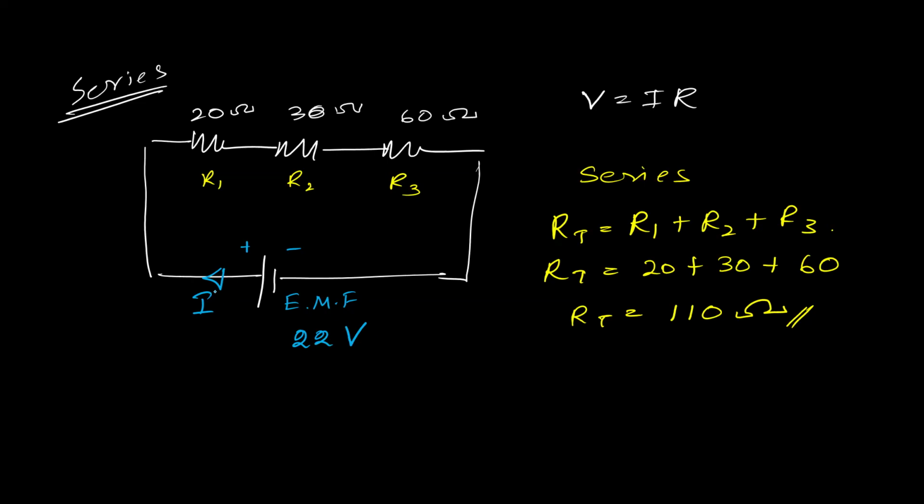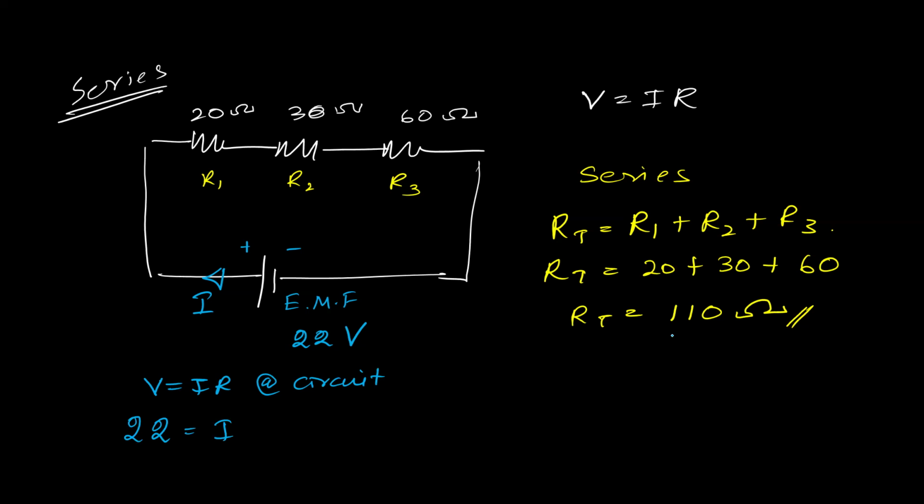Now they are telling you to find the current through the whole circuit. So now I can use the equation V equals IR for the whole circuit. Because in certain places we use it at individual points, but here we are going to use it for the whole circuit. So total voltage of the circuit, EMF, is 22. Current is unknown.